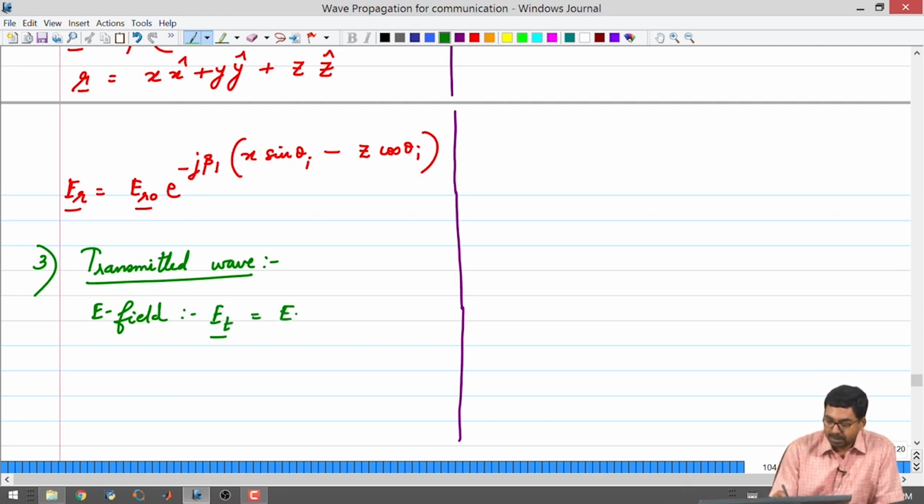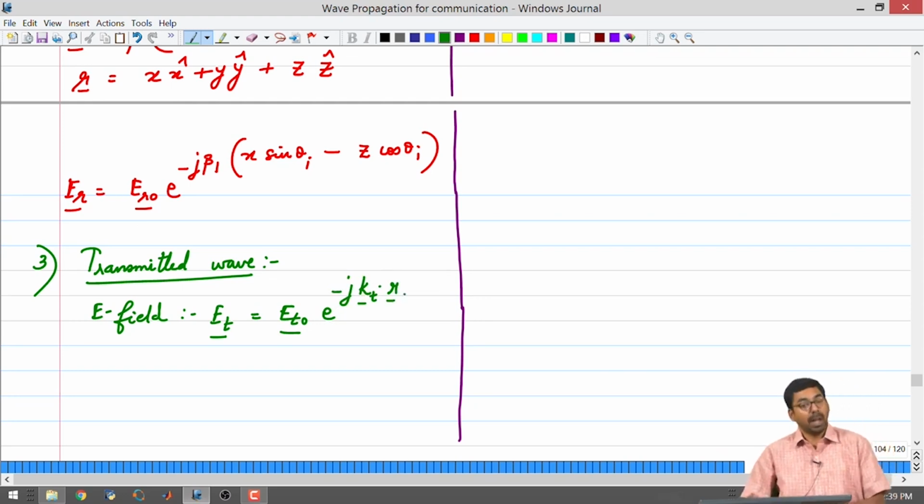It is going to look like some E t naught exponential minus j k t dot r. You have to find out k t and then dot it with the position vector x x hat plus y y hat plus z z hat.